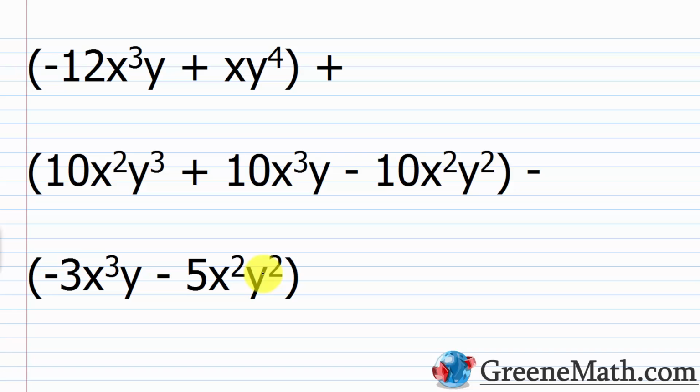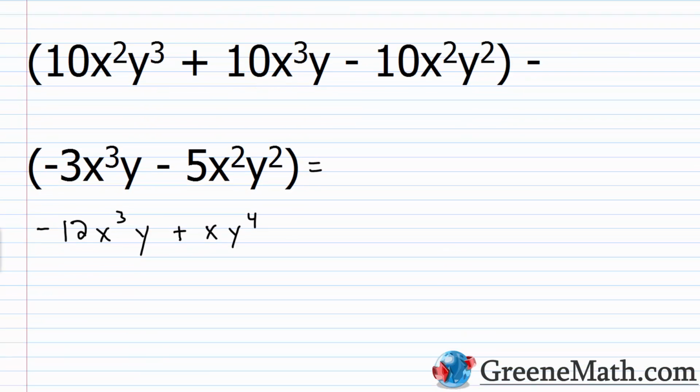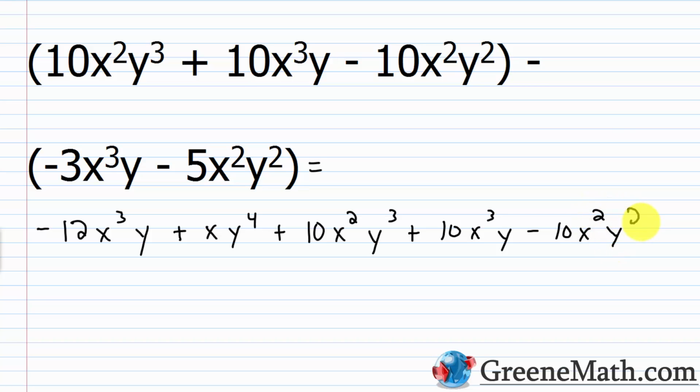Okay, so the first guy right here, we could just drop the parentheses. So I'll put equals -12x cubed y plus xy to the 4th power. Okay, then this guy I have plus this. So because of that, I can just drop the parentheses. So we'll put plus 10x squared y cubed plus 10x cubed y minus 10x squared y squared.